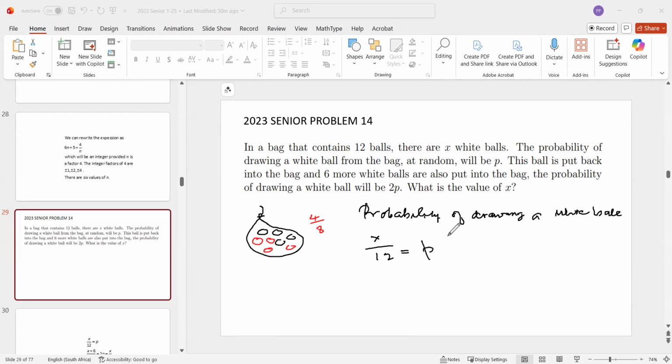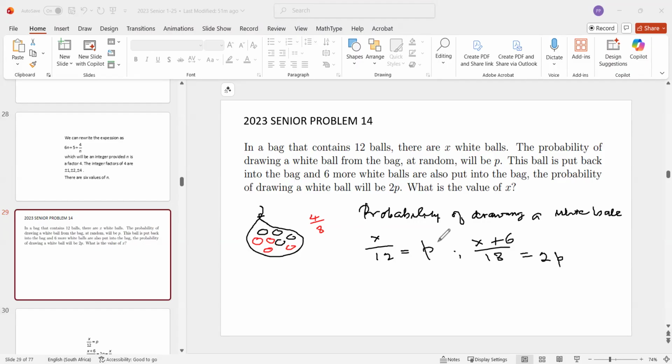Likewise, now the ball is put back into the bag. So the bag now has 12 balls again. But 6 more white balls are added. So the total number of balls is now 18, right? And the total number of white balls is X plus 6. This is the new probability, and it says the probability of drawing a white ball is 2P.